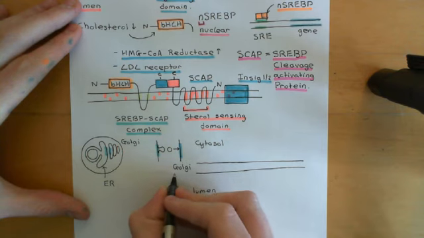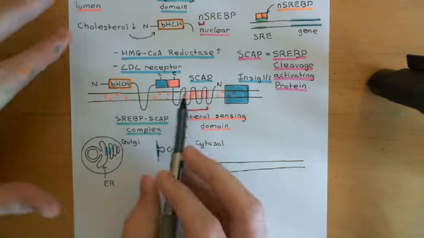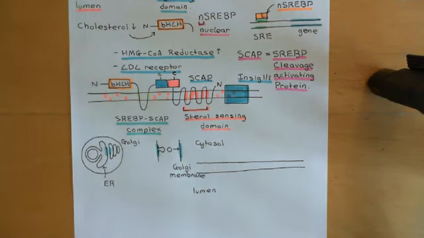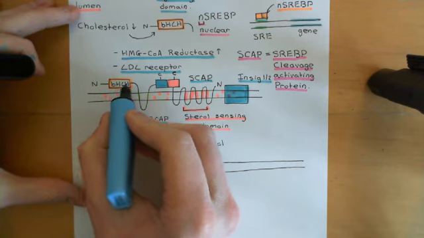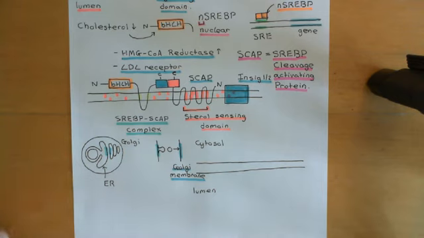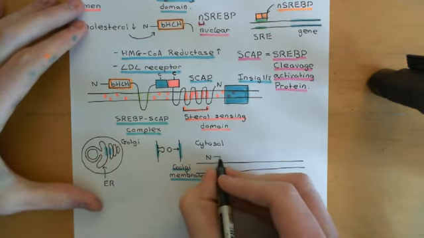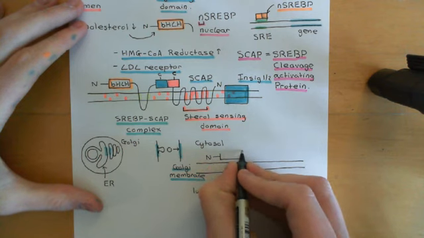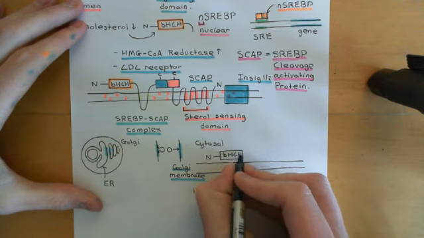So now what we've got is the SREBP SCAP complex in the Golgi membrane, and it will be oriented the same way as it was in the ER membrane, i.e. it will be oriented with the bHLH domain of the SREBP protein facing into the cytoplasm rather than into the lumen. So the picture is now going to look very similar. Once again, here is the bHLH domain of our SREBP protein here.